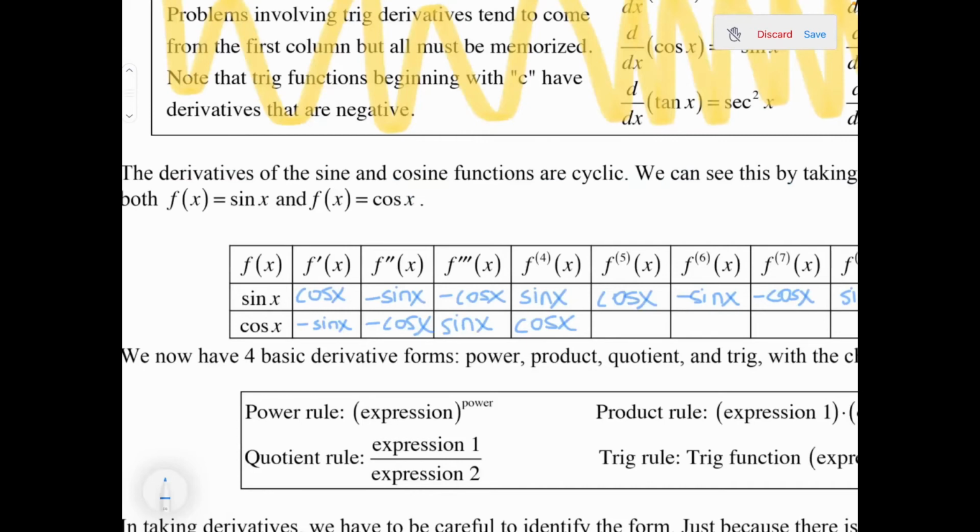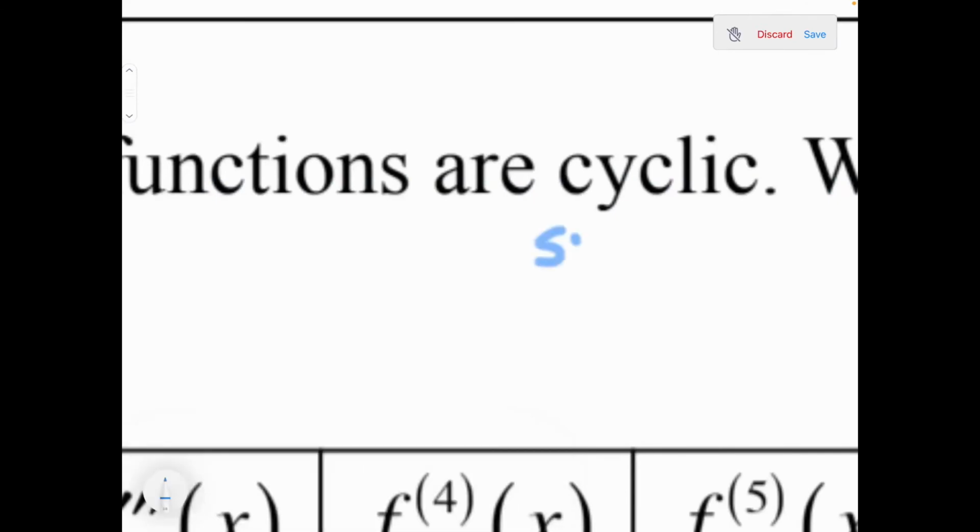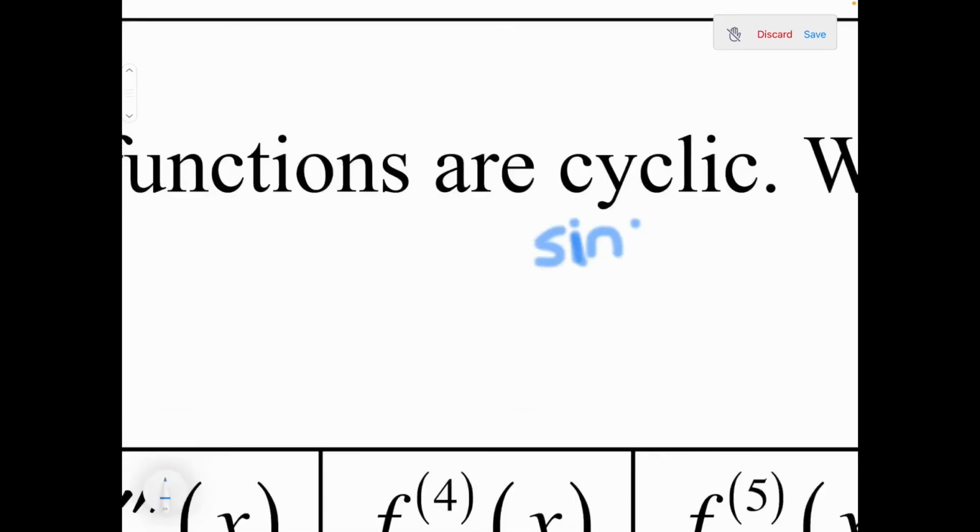There's a nice way that we can remember these derivatives of sine and cosine, whether they are positive or negative. Since they are cyclic, it's this idea of a clock: sine x, cosine x, negative sine x, and negative cosine x.